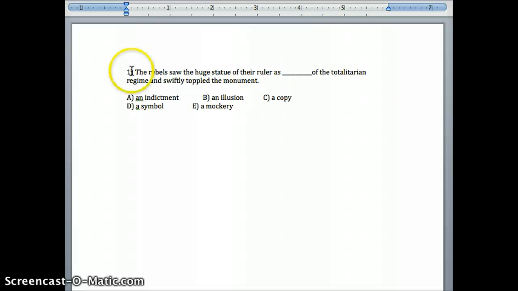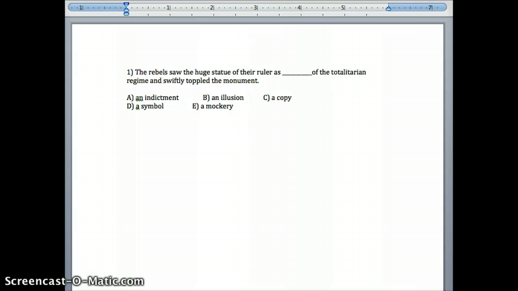Because the sentence is negative, you can pretty much get rid of B, C, and E. E has negative connotations, secondary meaning behind the word mockery, but it doesn't quite fit because a mockery of the totalitarian regime would be making fun of the regime itself, and it's not doing that.